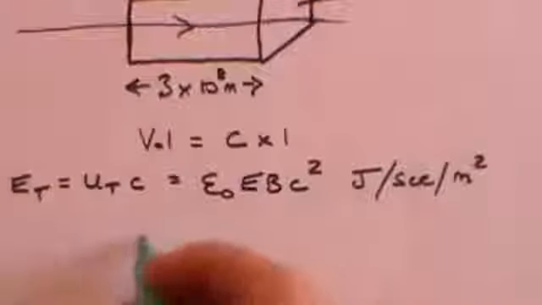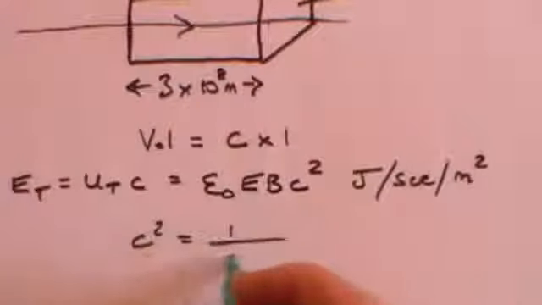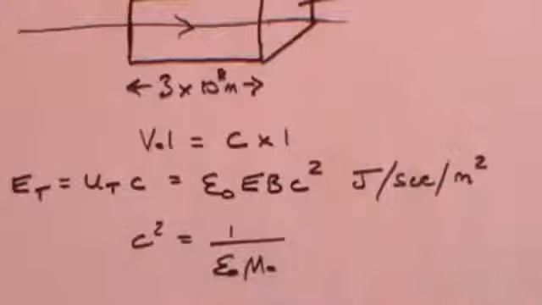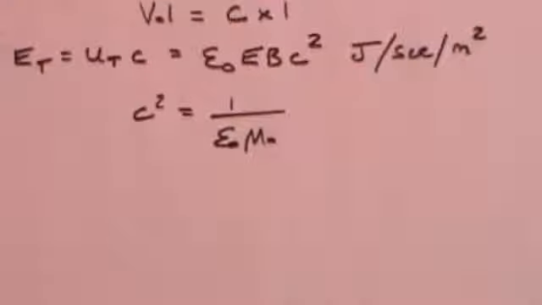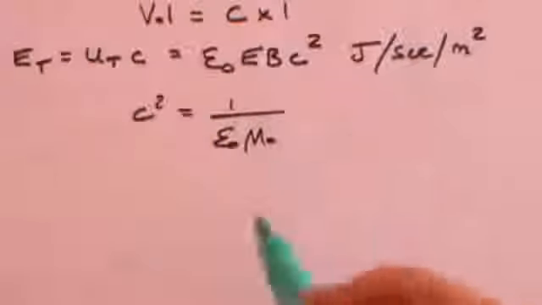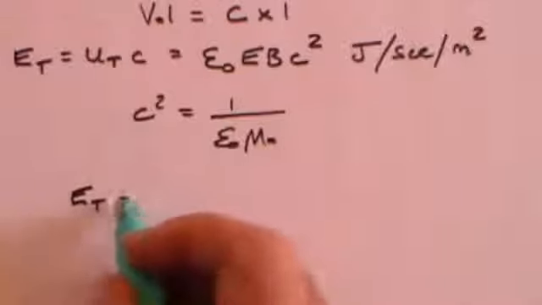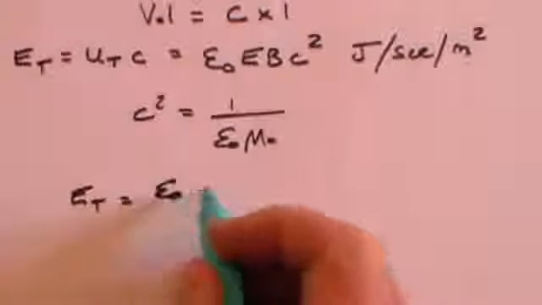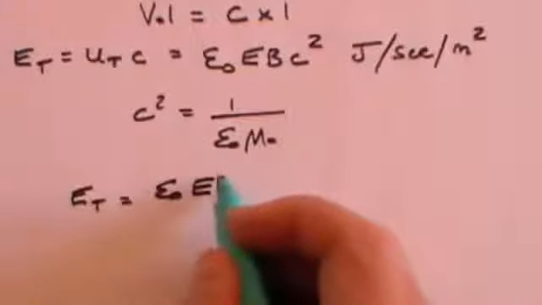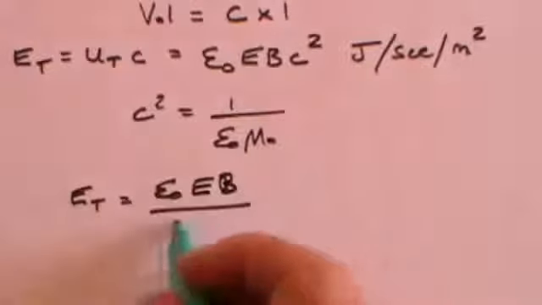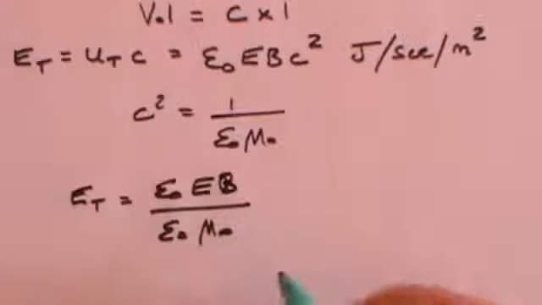But just a reminder that C squared is 1 over epsilon naught mu naught. We've shown that, we've used that before in this very video. And so we can replace the C squared here, and we now get that the total energy flowing per second per meter squared is epsilon naught EB, and now instead of C squared we're going to have 1 over epsilon naught mu naught.